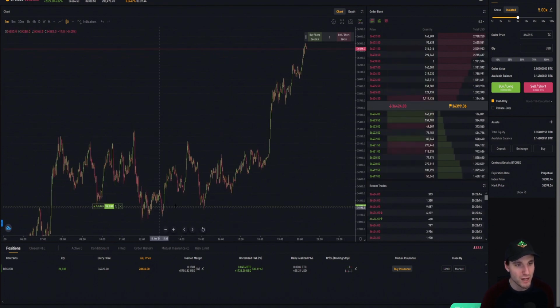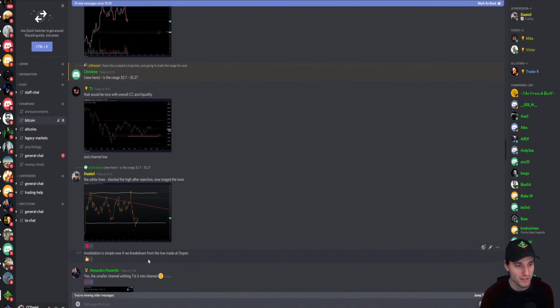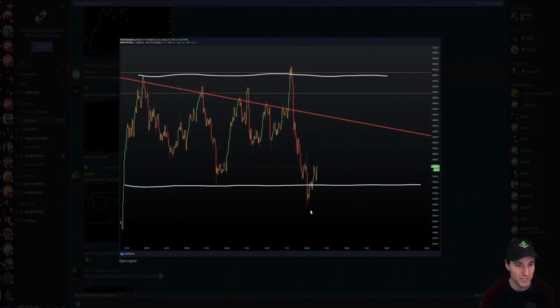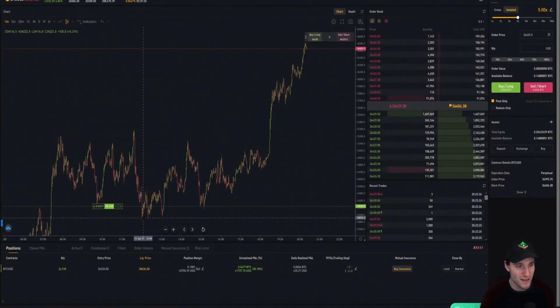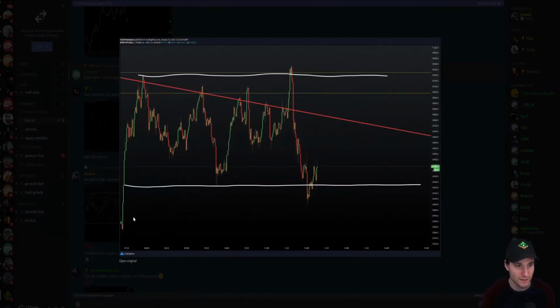So I was able to capture all of this move by really simply having a very good invalidation. And my invalidation was if that low was taken, I was going to close the long. That low was never taken, and I managed to capture all of the upwards move by having a very simple plan. Very simple plan with a very simple invalidation.